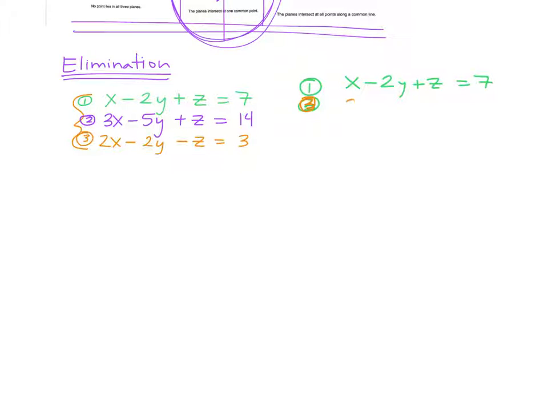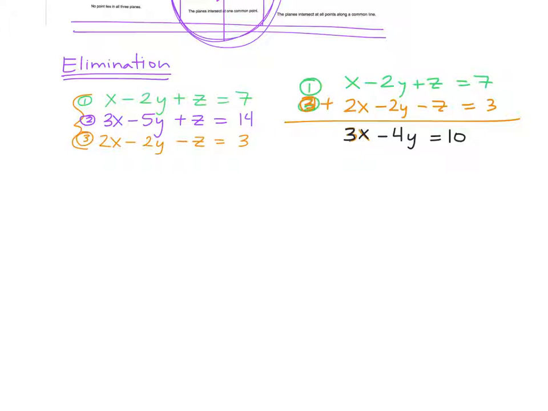Equation 3 is 2x minus 2y minus z equals 3. Okay? So if we're going to eliminate, we can add these together right now, and we will get 3x. Let's just do this in black so I'm not confusing you with different equations. 3x minus 4y equals 10. Okay? So that's 1 and 3 together.